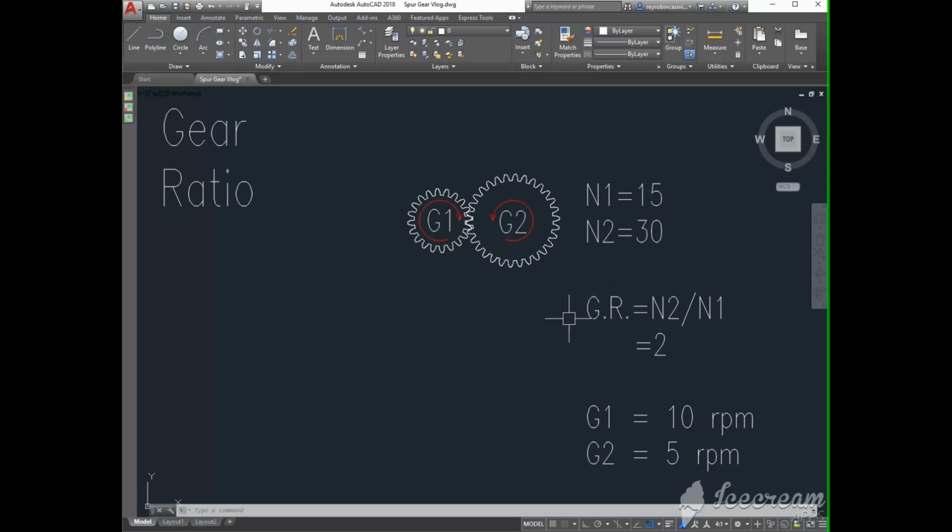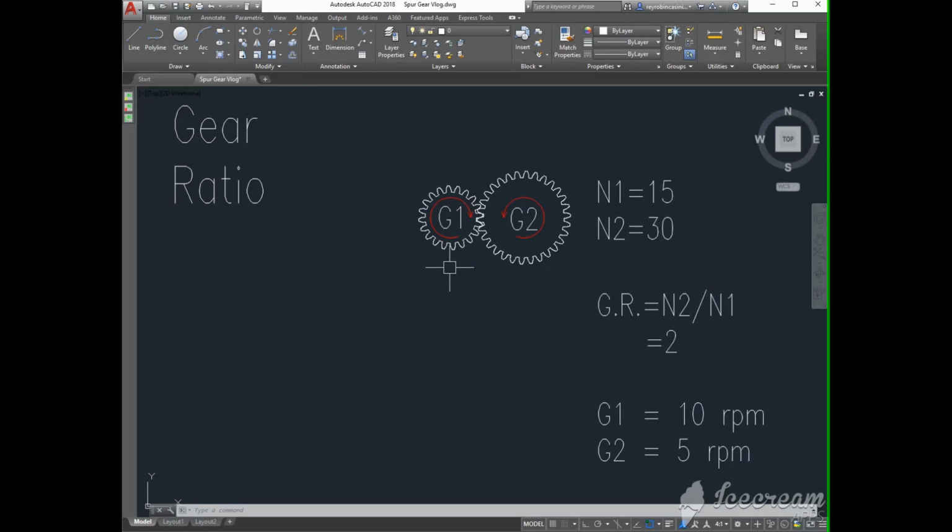The gear ratio of this gear train is N2 over N1, or 30 over 15, which is equal to 2. If, for example, the pinion gear has an angular velocity of 10 revolutions per minute clockwise, the driven gear will have 5 revolutions per minute in the opposite direction.